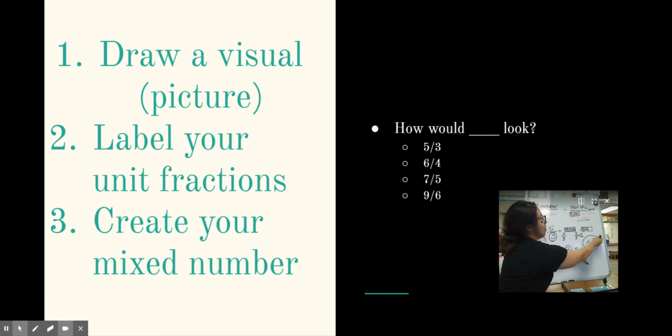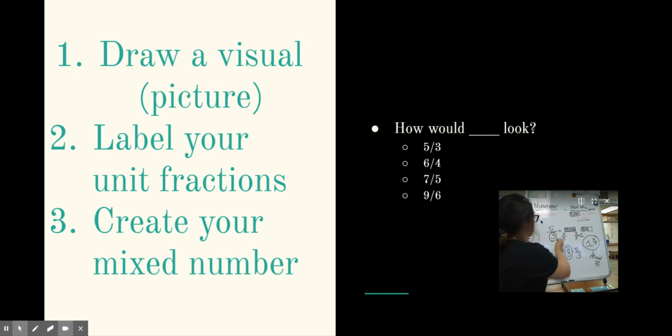So this is our mixed number. If I went too fast for you, you can always rewind, go back. But the biggest piece is knowing how many parts are in your whole and what you can add to your whole to figure out how many you have left over after your whole piece. If that makes any sense to you, let me know.